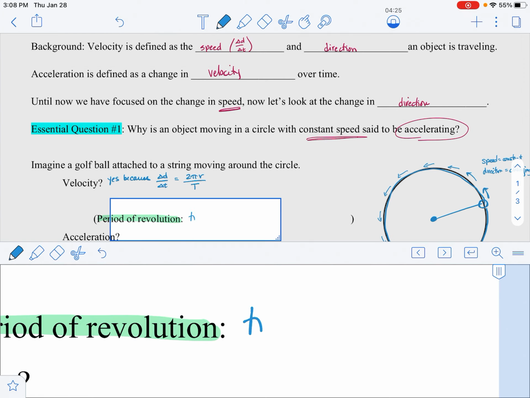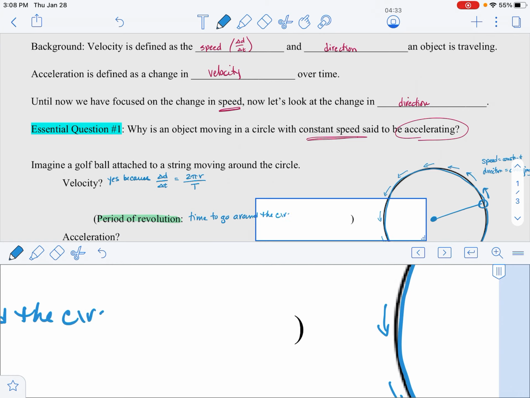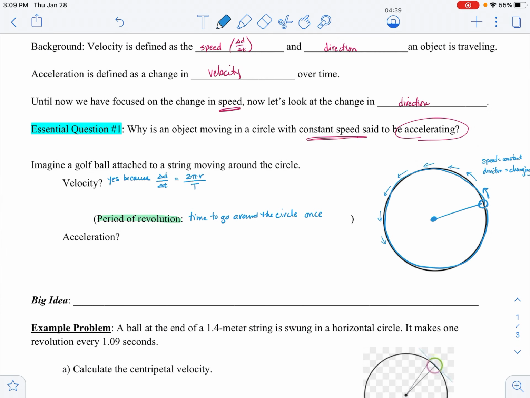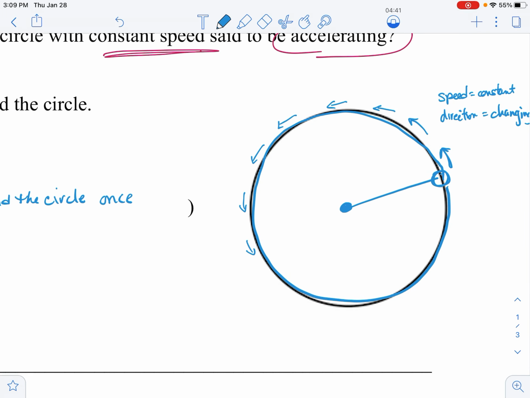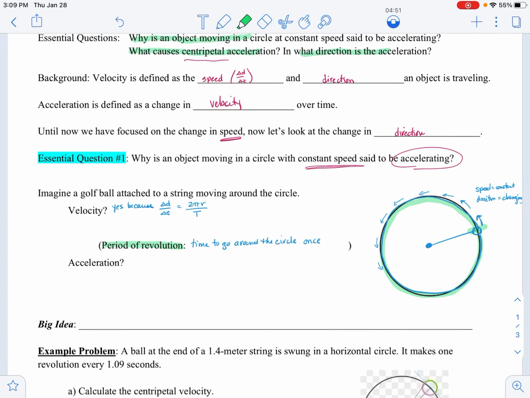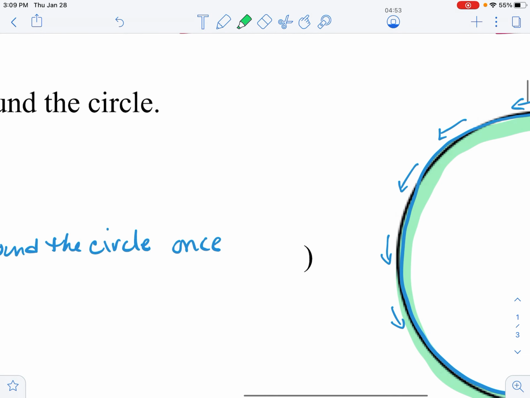That means the time to go around the circle once. All right, so if we're looking at the period of revolution, how long does it take my golf ball to go around once from there to there? And that's the time. All right, and we're going to call that capital T, this period of the revolution.